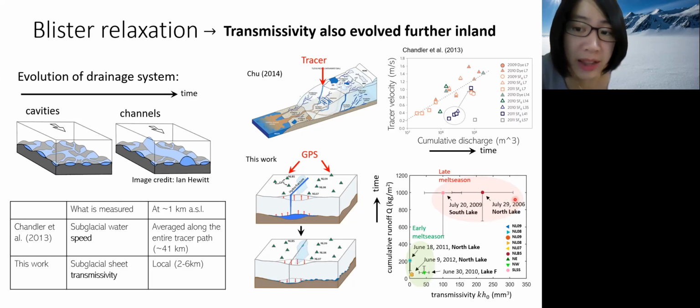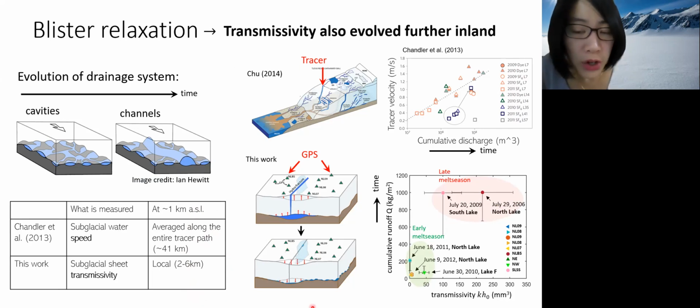Our results suggest that the transmissivity can evolve locally at the lake elevations around 1 kilometer above sea level. So in comparison, the tracer experiment showed that the efficiency averaged along the tracer pathway increased over time, and our method showed that the transmissivity can evolve locally under the lakes.